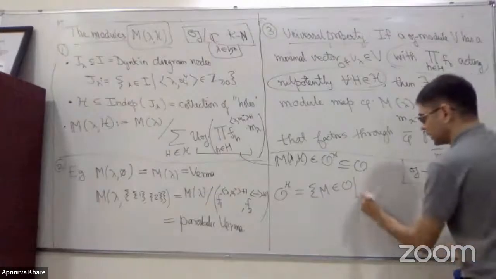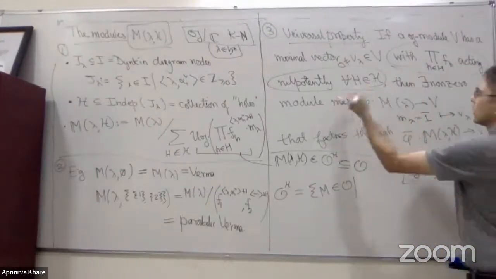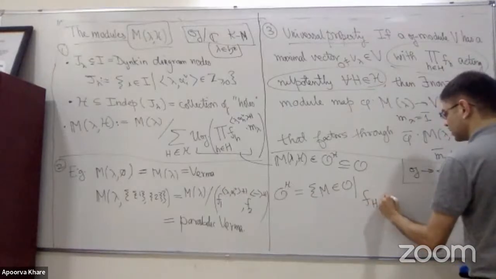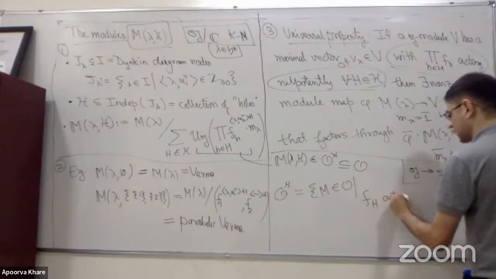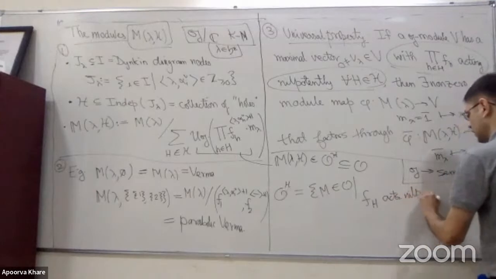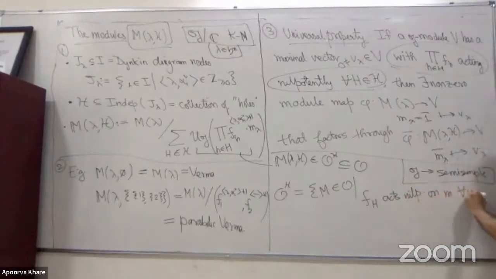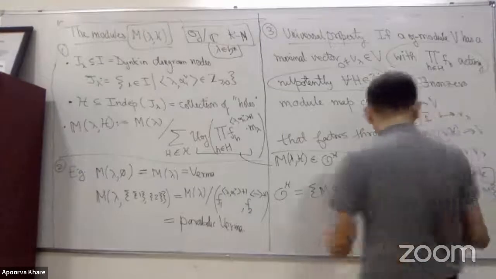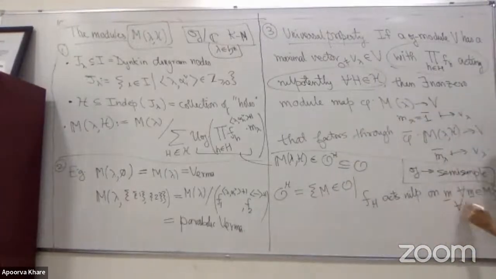Such that this condition happens: f_H acts nilpotently on M, on every vector, for all these holes.